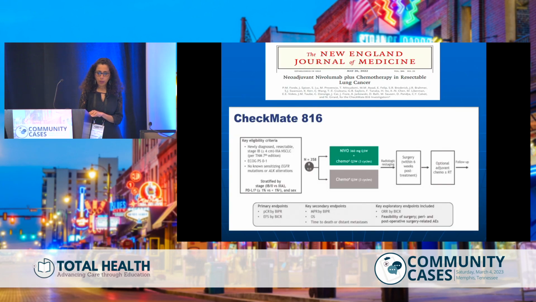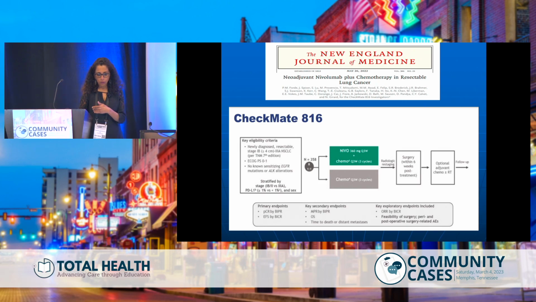So let's talk about the Checkmate 816, which led to the approval of nivolumab with chemotherapy, which is probably the most updated study that I'm presenting today. This is newly diagnosed resectable stage IB patients, more than 4 centimeters. Again, this was AJCC 7th edition, with good ECOG performance status, and no known sensitizing EGFR mutations or ALK alterations.